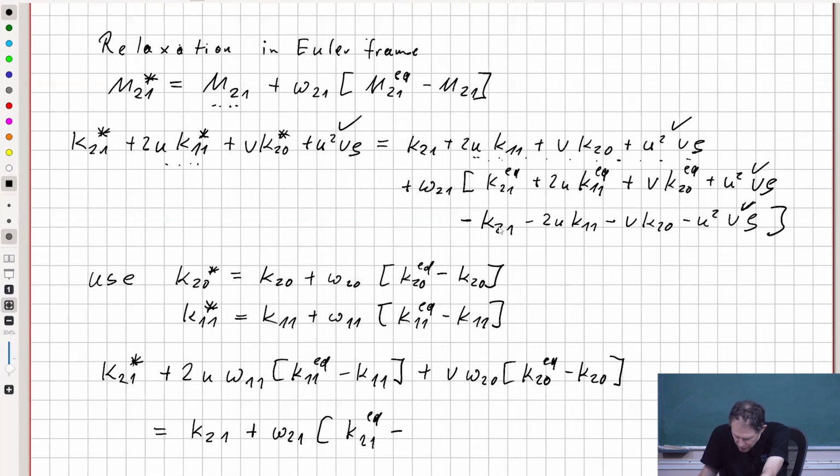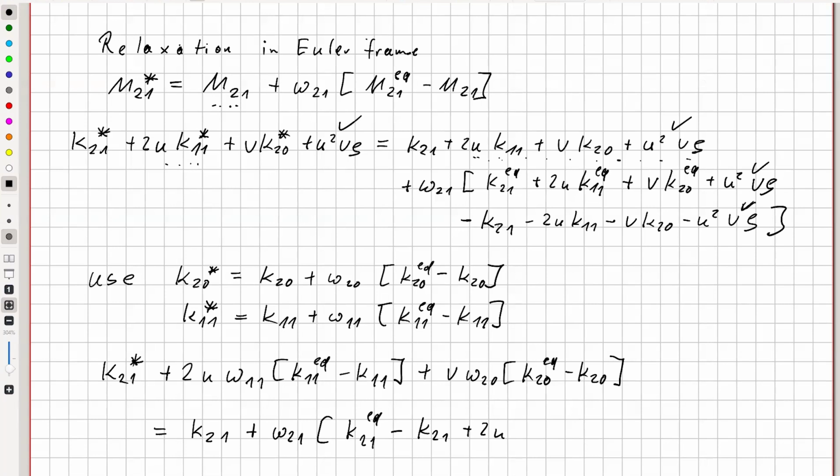I'm grouping this with this here: it's K21 plus 2u, and I'm grouping this here with that here, so it's K11 equilibrium minus K11, and then grouping this here with this here gives me plus v K20 equilibrium minus K20.